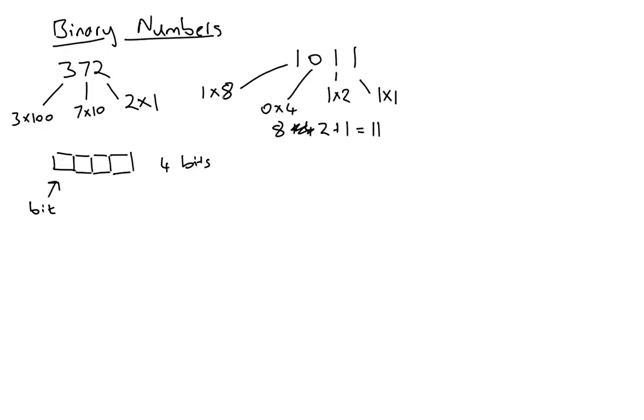To represent this number 1011, which is 11 in decimal, we could switch each bit on or off. Each bit has 2 possible states, which we could call on or off, or represent with 0 or 1. It doesn't matter what we call it. So we could say this is on, this is off, this is on, this is on, and then we've represented the number 1011 in binary, which is 11. Hopefully I haven't lost you so far.